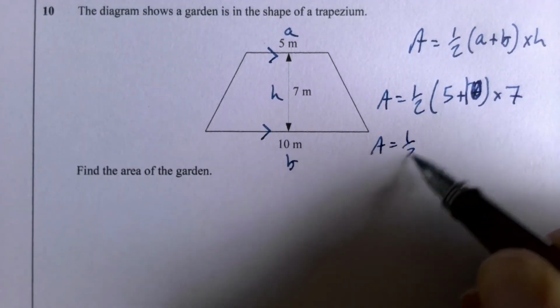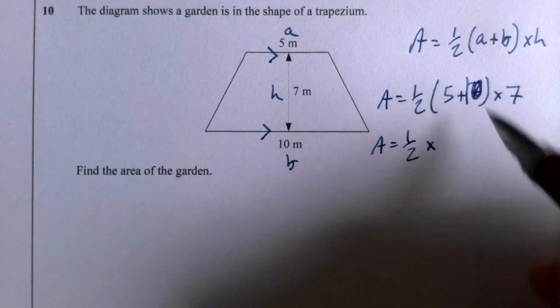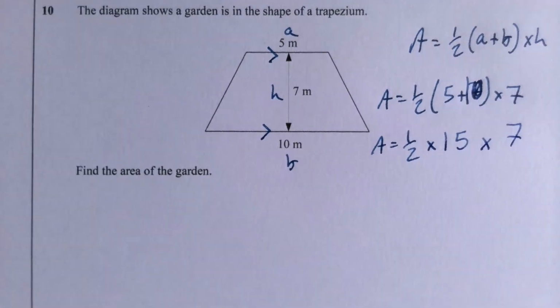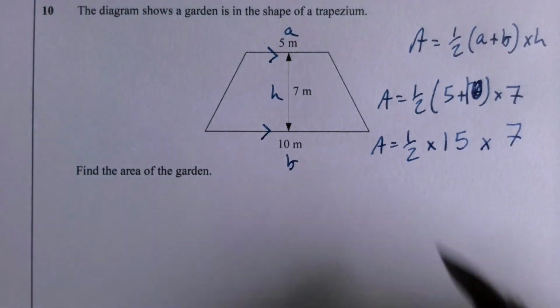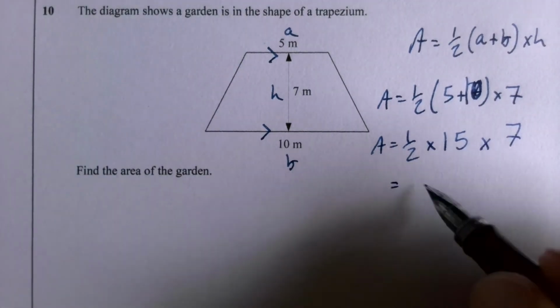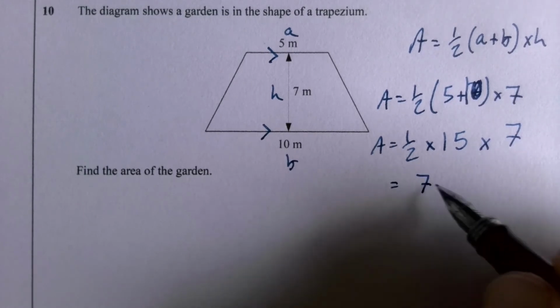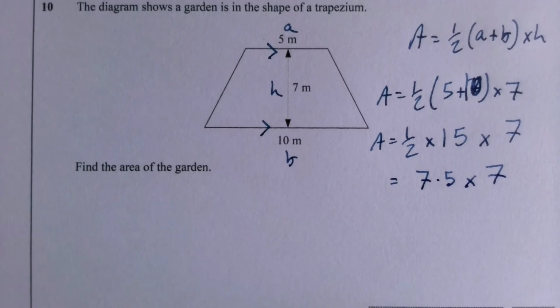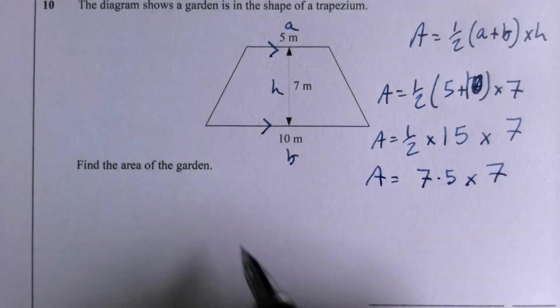So it's going to be a half times 5 plus 10 is 15, and times that by 7. So a half of 15 is 7.5, so 7.5 times 7. So how do we do 7.5 times 7?